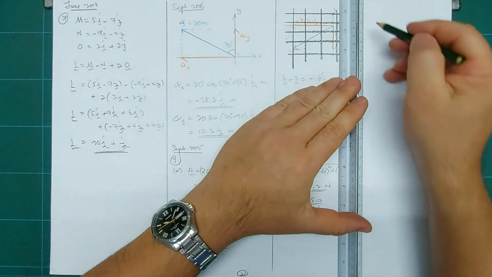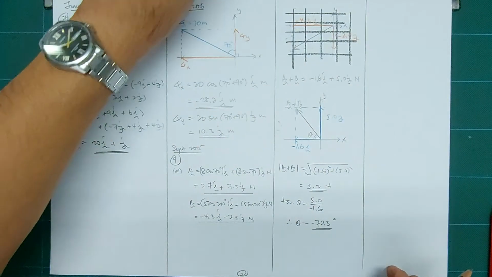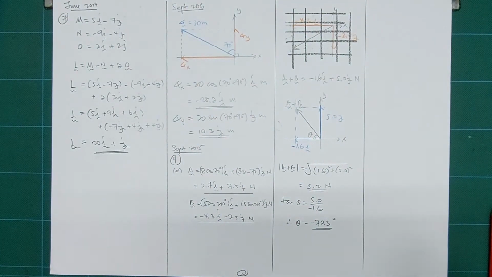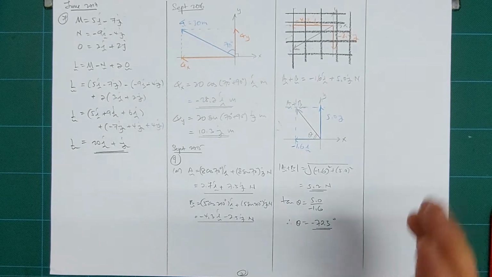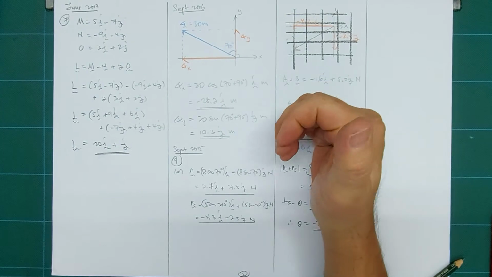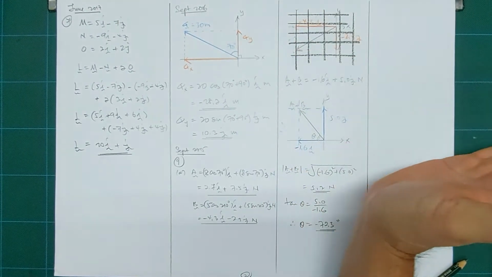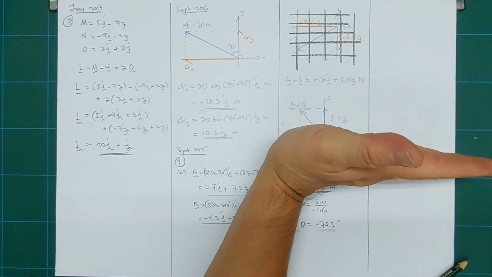Now the question is, what is the meaning of that negative sign for the angle? Normally, if you look at our right-angle coordinate system, our hand moves from X to Y.